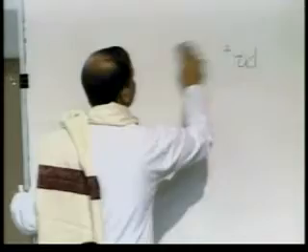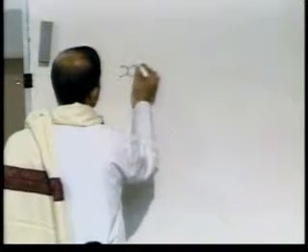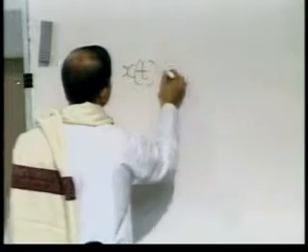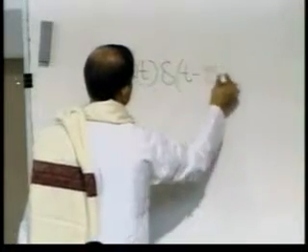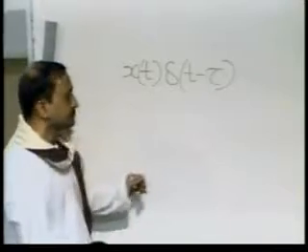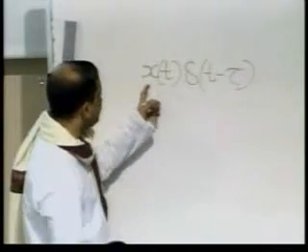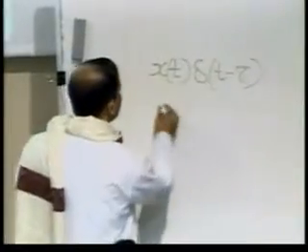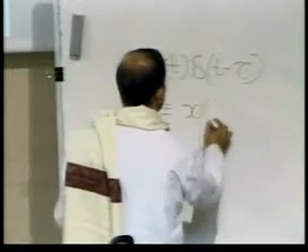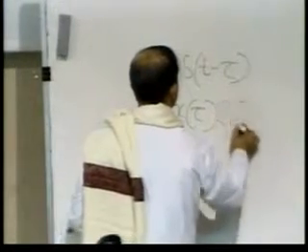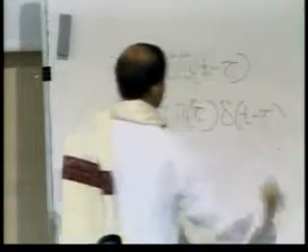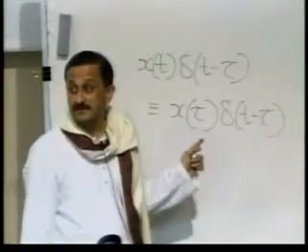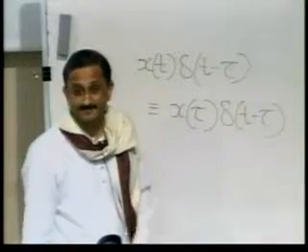So we've already seen the shifting property of an impulse. We've already seen what happens when you take a function, let's say x(t), and multiply it by delta(t minus tau). If x(t) is continuous at tau, then this is equivalent to x(tau) multiplied by delta(t minus tau). It's equivalent. One must write equivalent there, right?